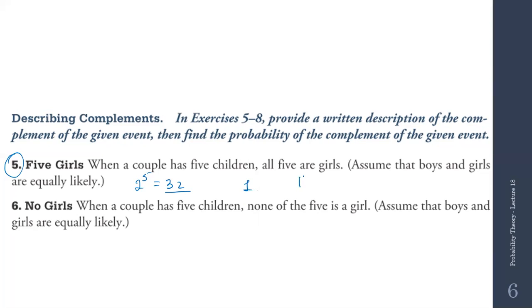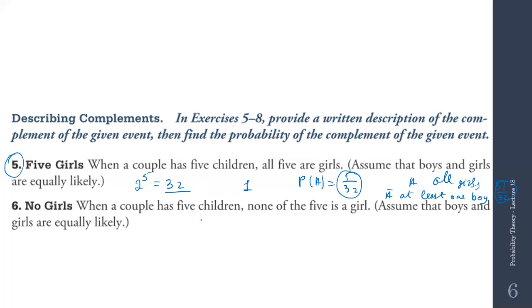So the probability of A equals 1 over 32, where event A is all girls. Event A bar, which is the complement, is at least one boy, just 31 over 32.